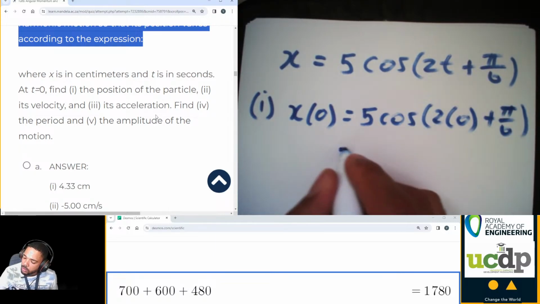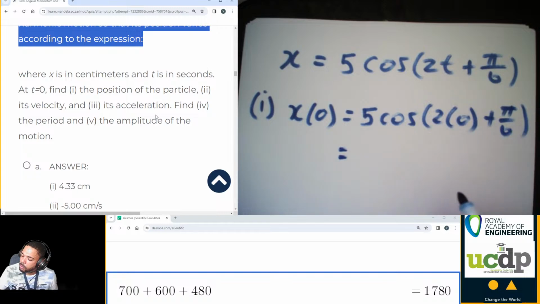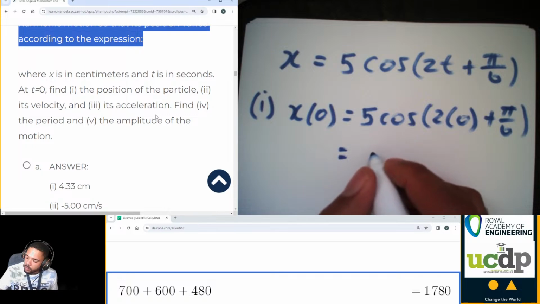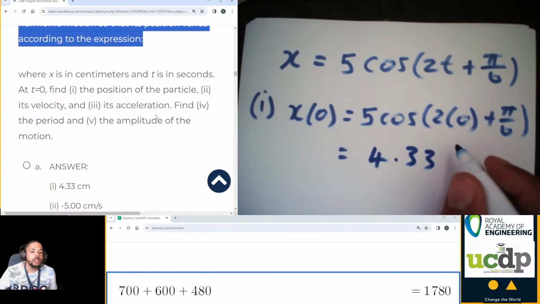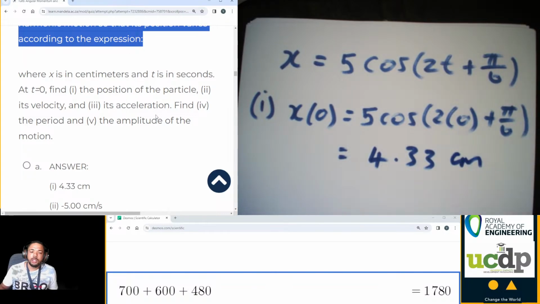Now if you work that out, it comes to the cosine of pi over 6, because 2 times 0 is 0. So 5 times the cosine of pi over 6 is 4.33. And they told us there that x is in centimeters. So this is in centimeters and time is in seconds. So we've worked out what position the piston is at time 0.